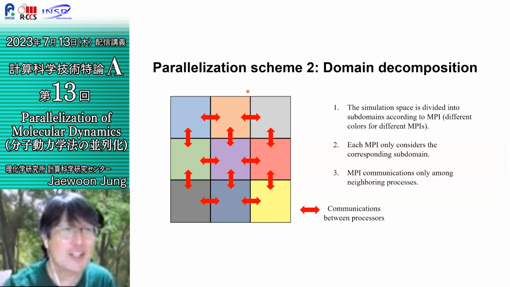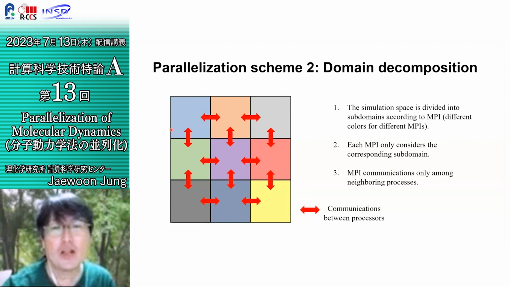But in some cases, we also need to consider the interaction between particles here and here. So in this sense, we need MPI communication. But we don't need to care about the interaction between here and here.